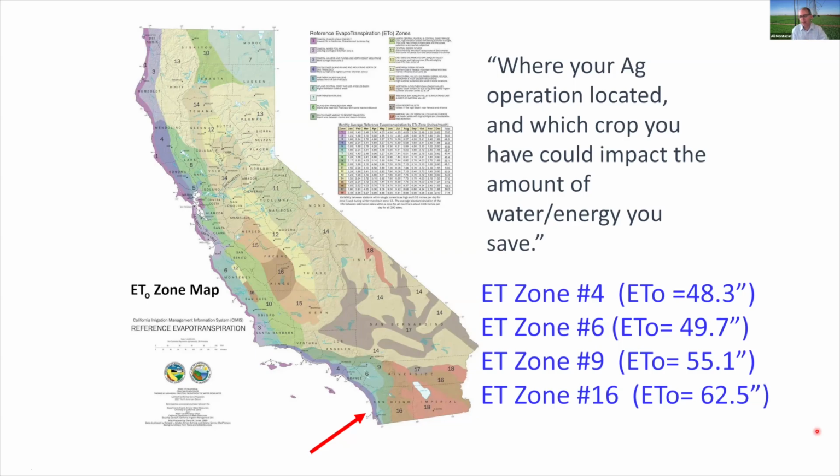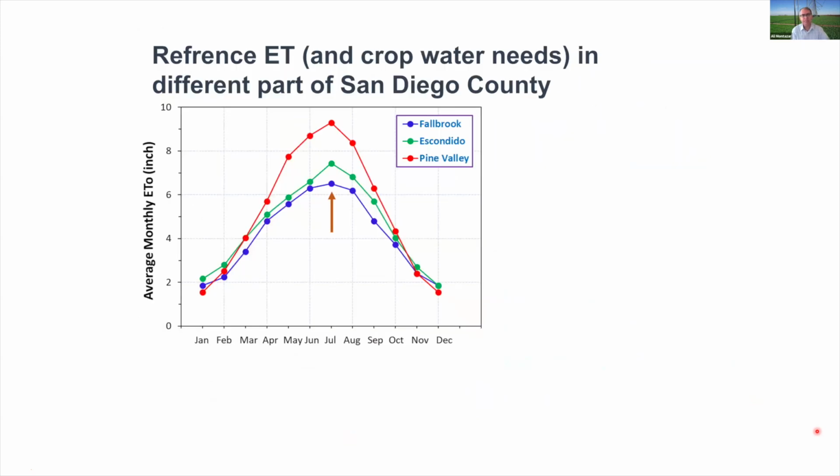And when we go to the desert region of the county, the evapotranspiration is significantly increased, about 62.5 inches. This is the estimation for the annual ETO in zone 16.